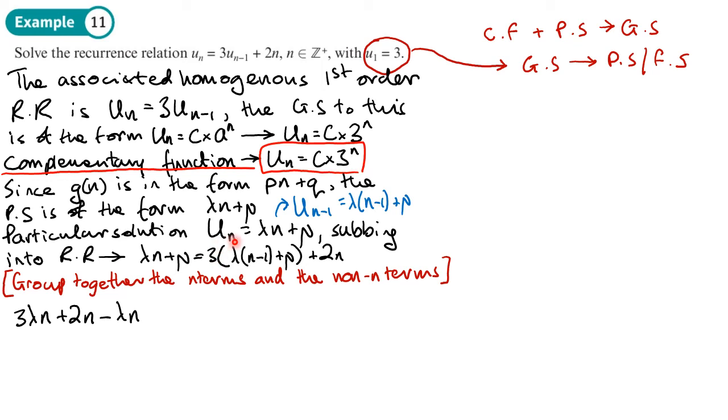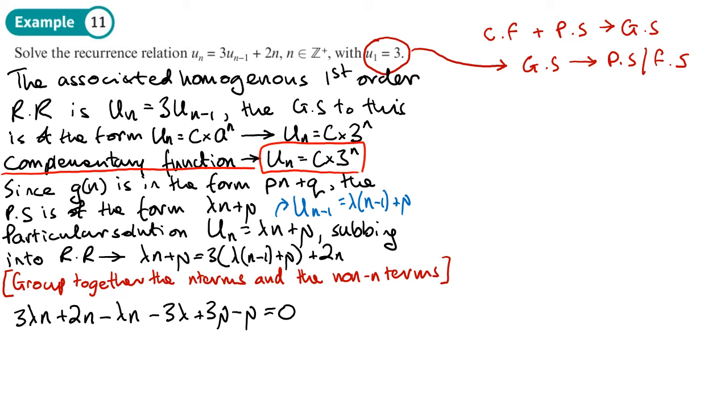From this bracket, when I expand that, I will get negative 3 lambda, a non-n term. Then I'll get plus 3 mu, also a non-n term. And if I move this across, that'll be negative mu. So everything's on one side.